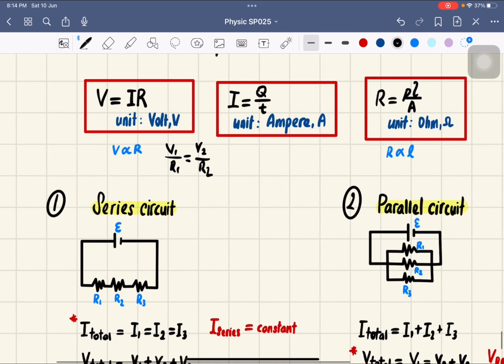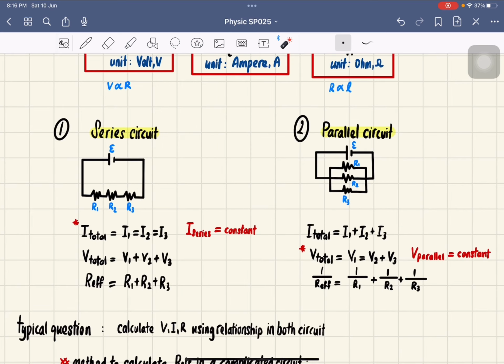When there is a comparison between two situations, given V1, R1 and R2, and the question wants us to find V2, we can use the comparison. The same goes for the R directly proportional to L relationship.